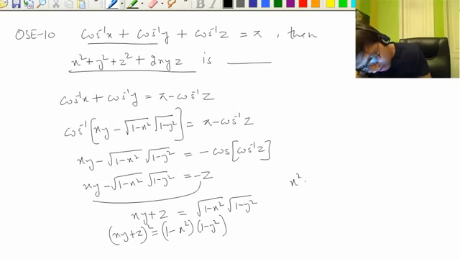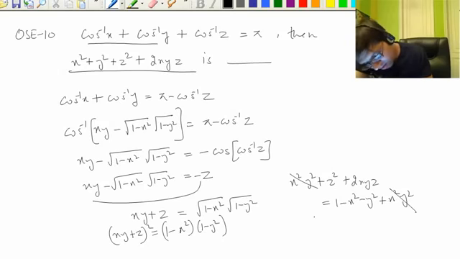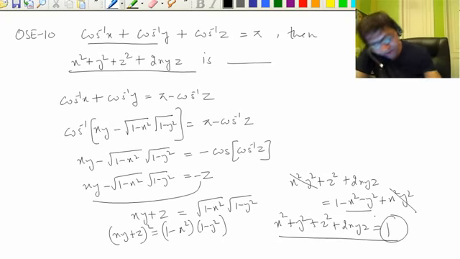Just have to do calculations. Left hand side is x square y square plus z square plus 2xyz equal to 1 minus x square minus y square plus x square y square. Cancel x square y square. आगे x square plus y square shift left side पे plus z square plus 2xyz equal to 1. 1 आ गया. Answer is 1.